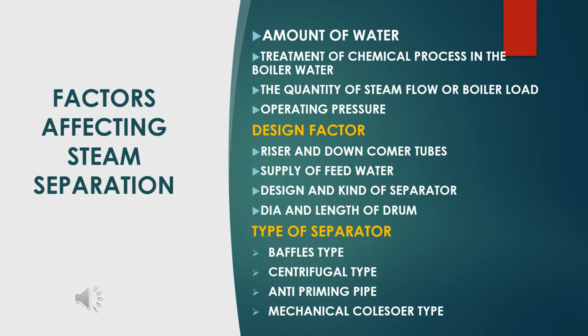If your water level is high, then carryover will start, and the water droplets from the surface of the water go with the steam, which will badly affect the purity of steam, and the water content in steam will increase.